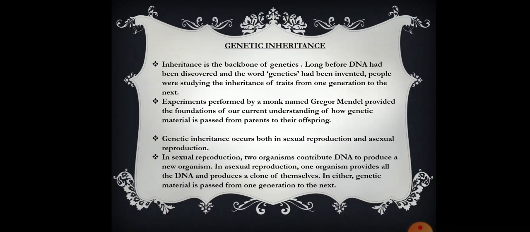So such kind of inheritance of characters which are controlled by the cytoplasm or other cell organelles is what we call extranuclear inheritance, or cytoplasmic inheritance, because the cytoplasm plays an important role in governing the inheritance of characters.